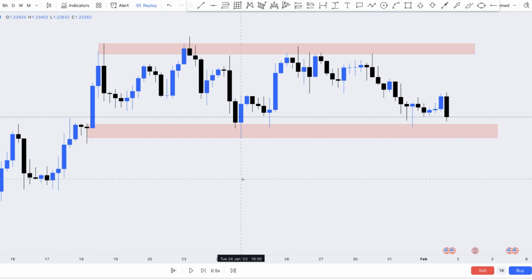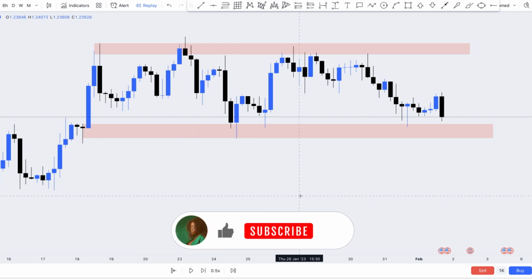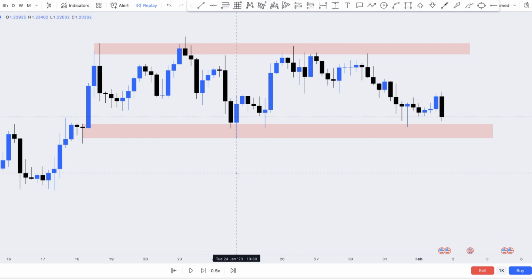Now, you should know that support and resistance are the key levels, and one of the core things in trading. Every beginner must master what support and resistance zones are. But 99% of traders are still getting it wrong. If you can get major key levels on the chart correctly, it can give you a high win rate.